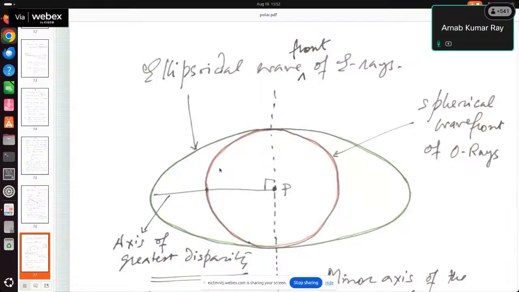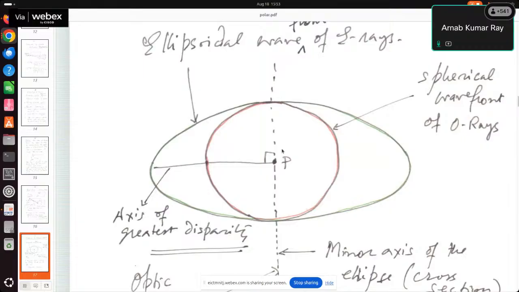Let us say along the x-axis, it is traveling at a greater speed than it does along the y-axis. Then the wave front will be stretched along the x-axis as compared to the y-axis, and as a result the wave front will not be circular, it will become elliptical. So something similar happens in the case of quartz crystal.